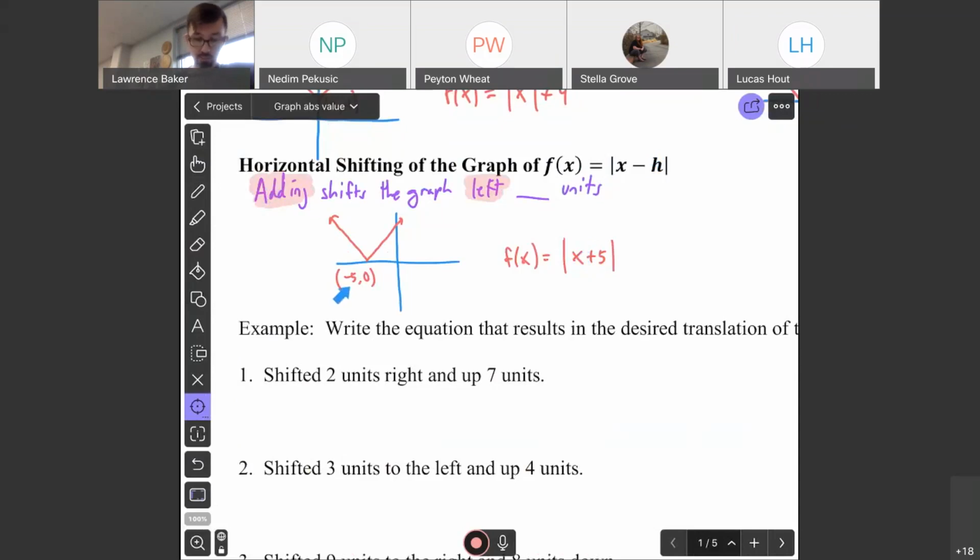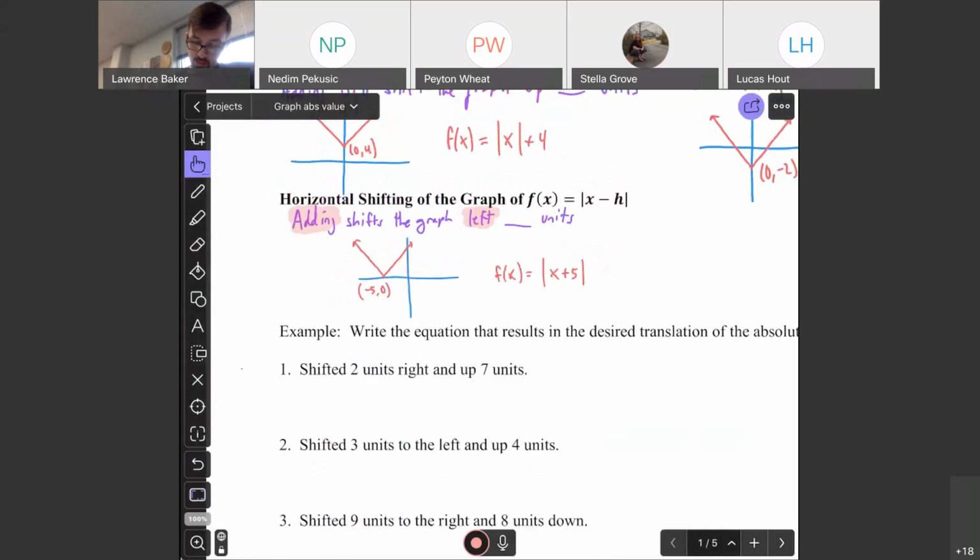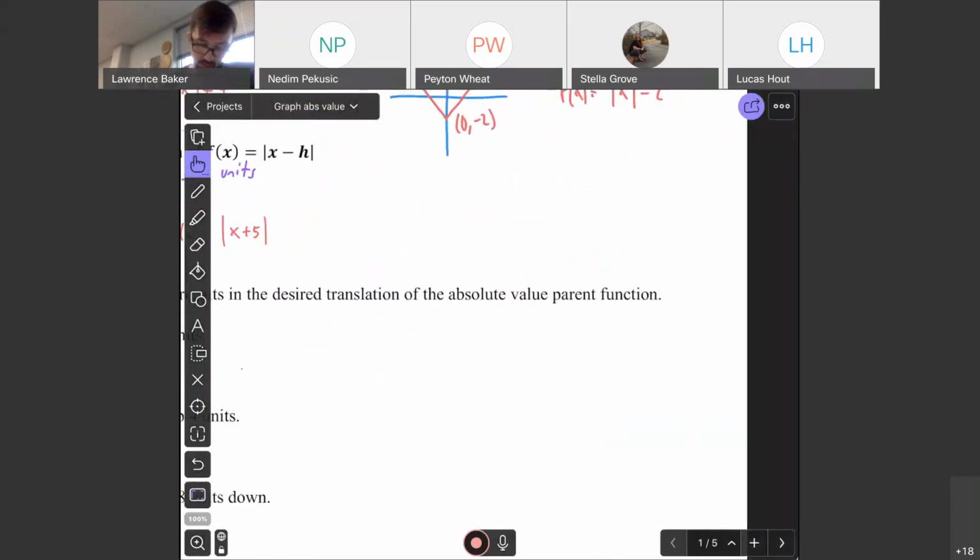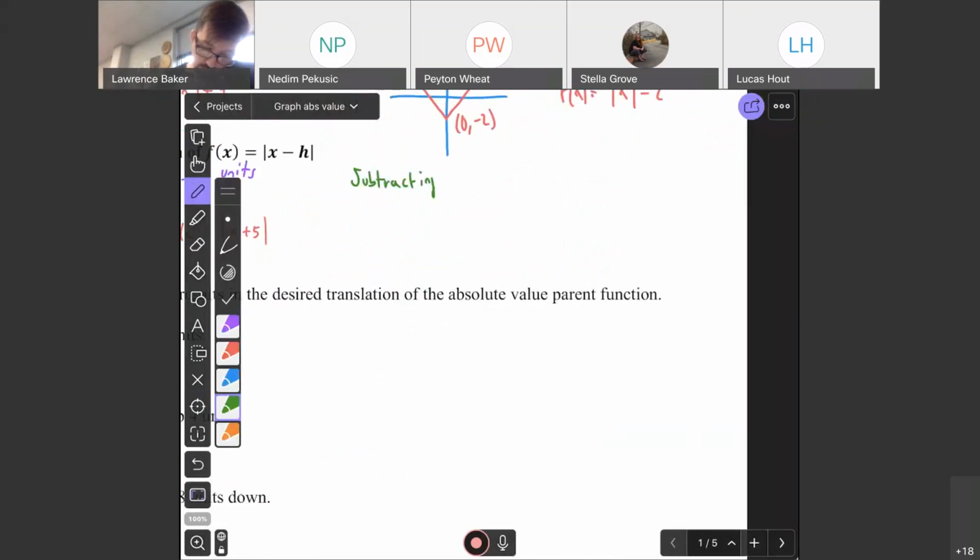It's the same way when it looks like we're subtracting: it will shift us right, however many units.